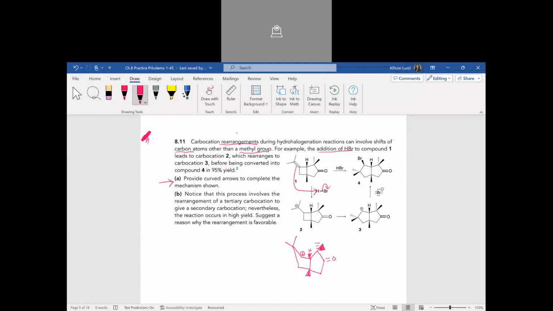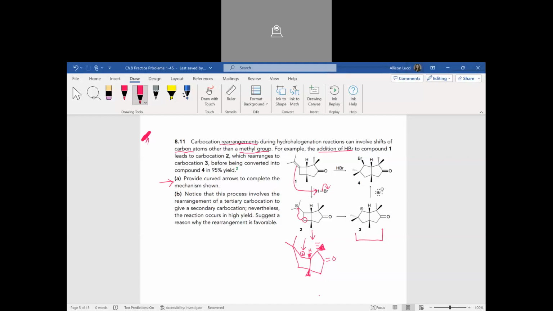So this carbon in compound 2 will rearrange. The carbocation site would then be down here. Right below compound 2, we see this rearrangement occur, and that's where we see compound 3 result.